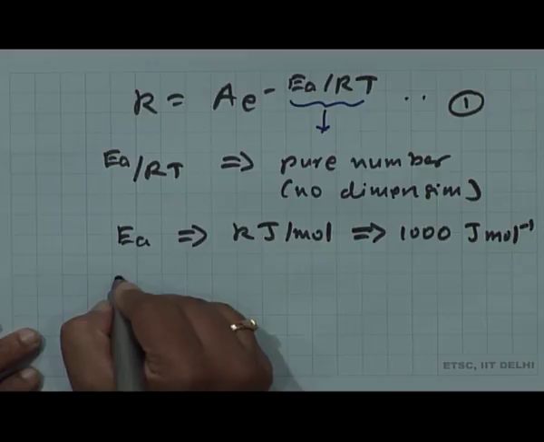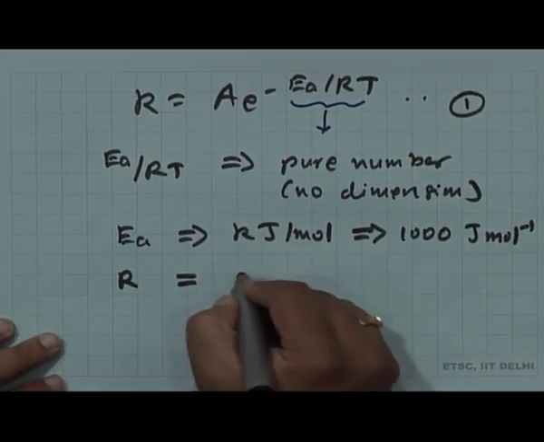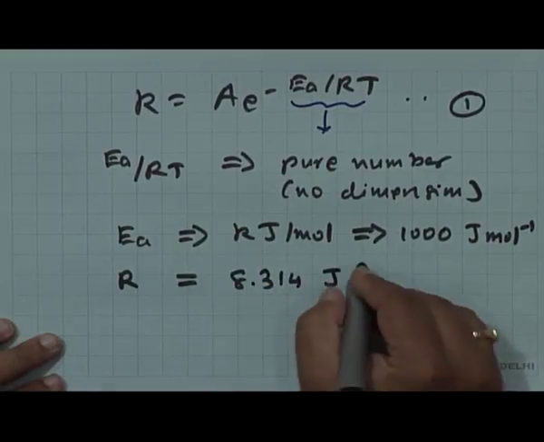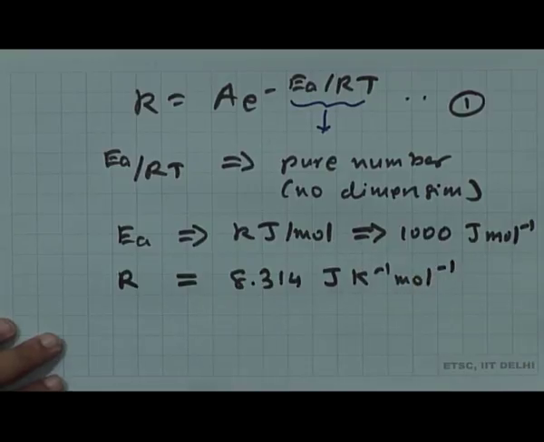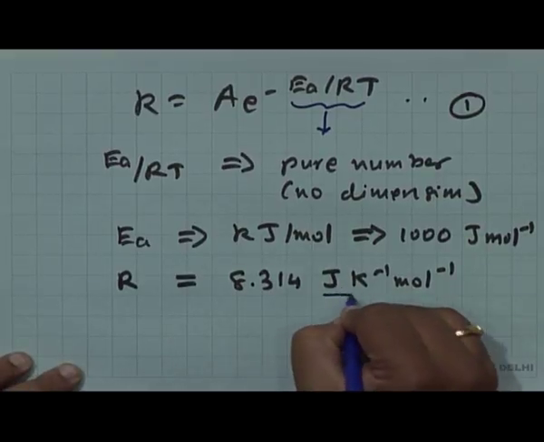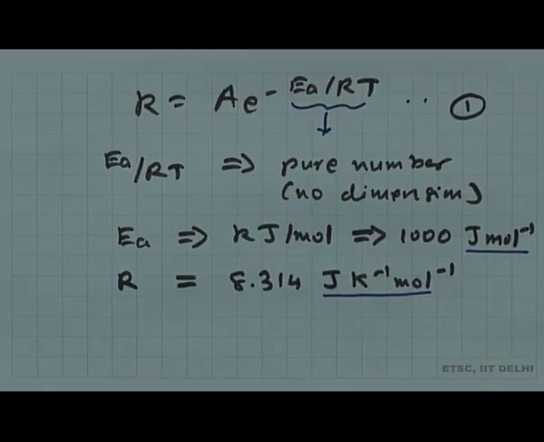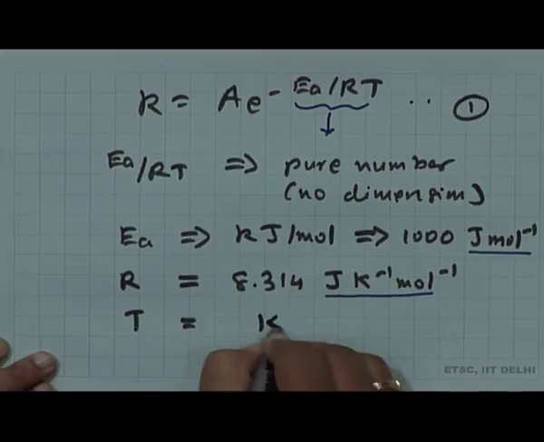R is your universal gas constant, it is 8.314 joule per Kelvin per mole. So, this is R, and then obviously temperature has the unit of K, that is Kelvin.